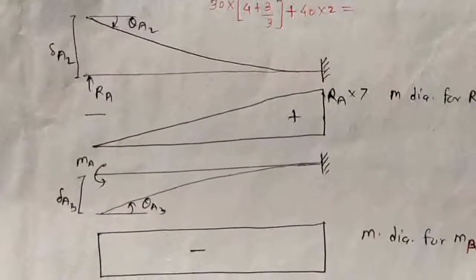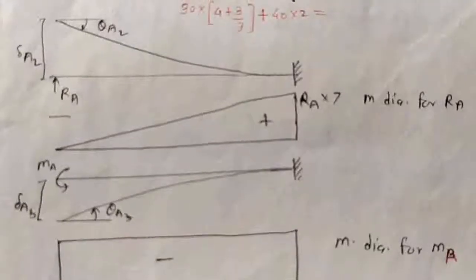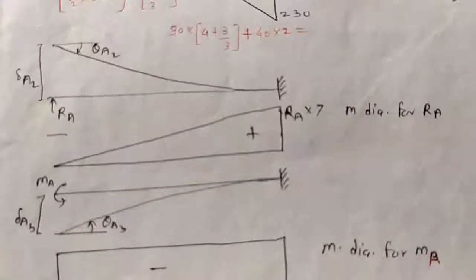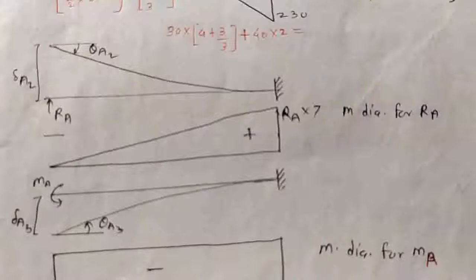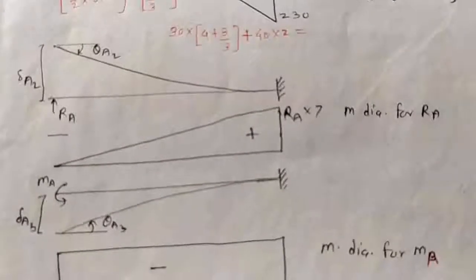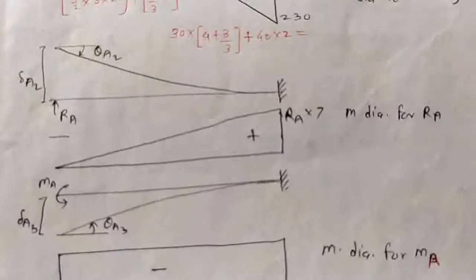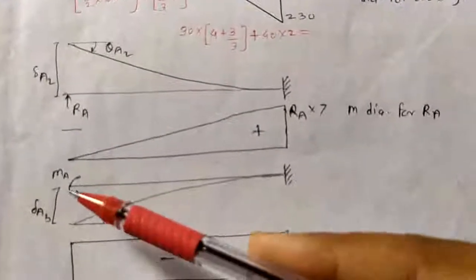Now, for the sign convention for theta, we have to consider the second unknown, that is MA, the moment. So a moment corresponds to the deformation, that is rotation. Here the second unknown, the moment, is applied.